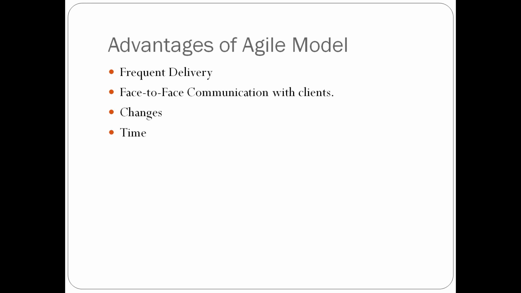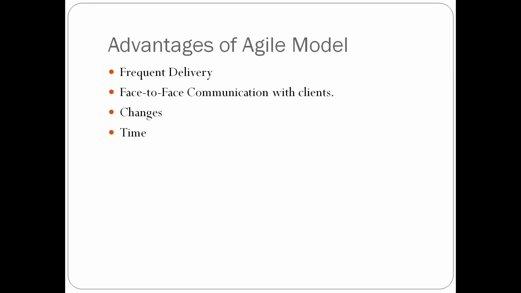The advantages of using the agile model are, first, frequent delivery of the product, as delivery is done after completing small chunks. Next is face to face communication with clients. This is very important. It's not that only when one phase of the project is completed can you communicate with the clients.